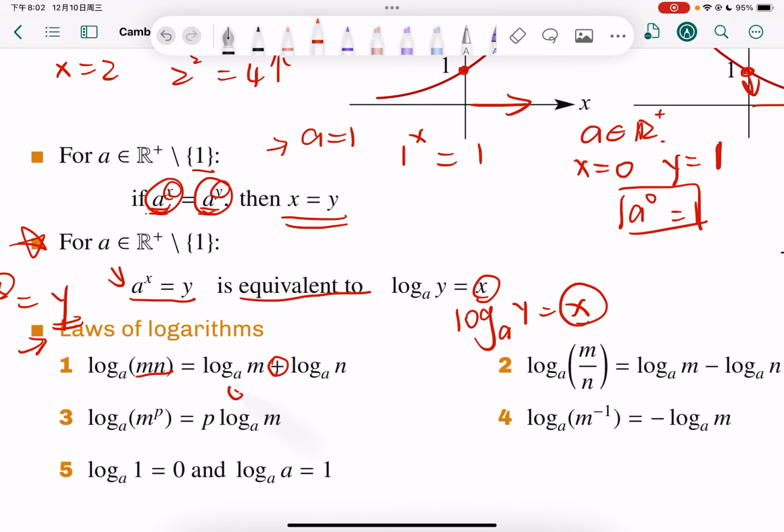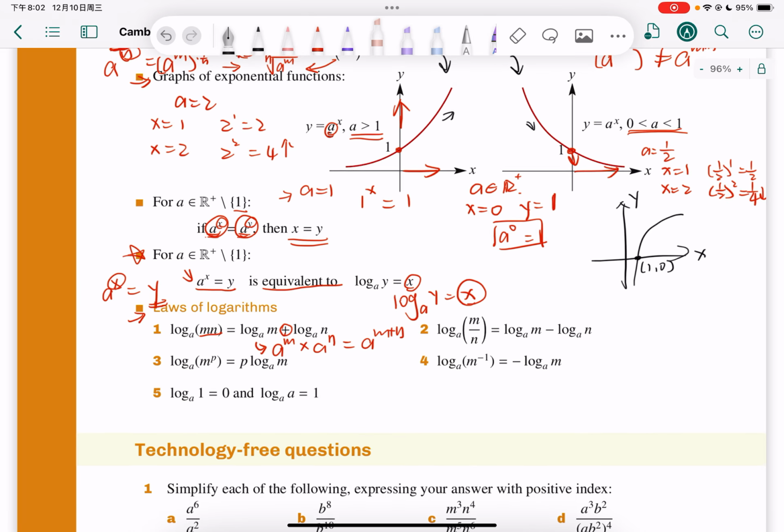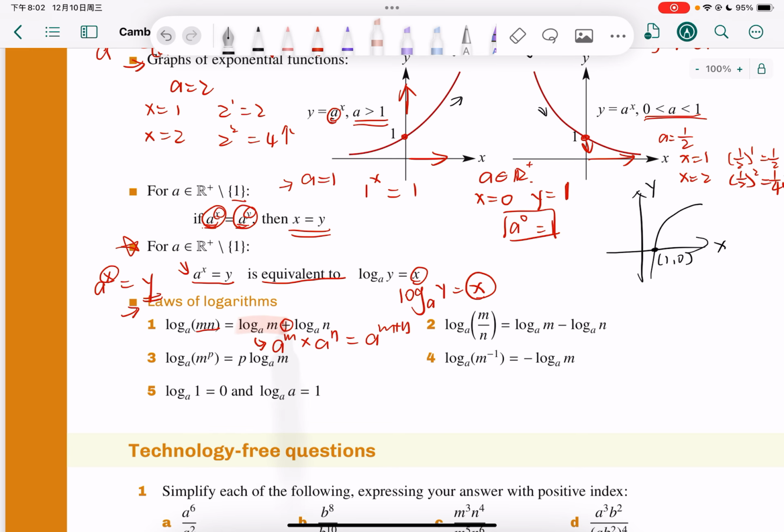This corresponds with our rule a^m times a^n equals a^(m+n). Log a m corresponds to this part, log a n corresponds to a to the power of n, and log a of mn corresponds to a to the power of m plus n.